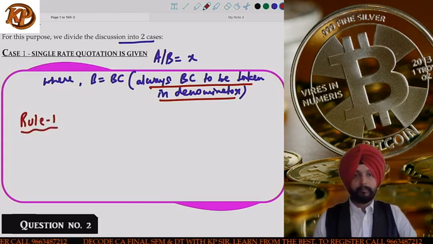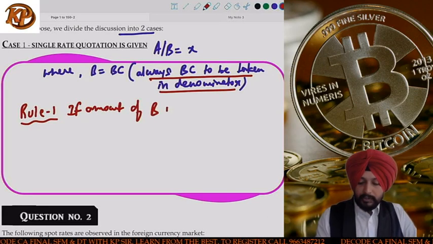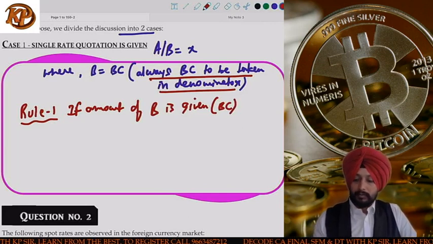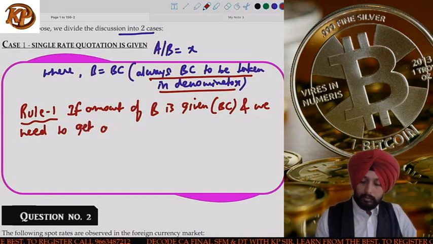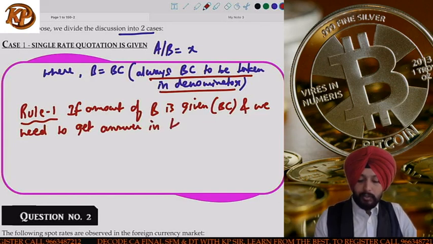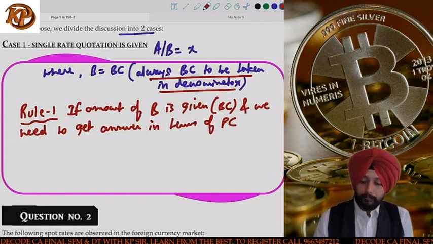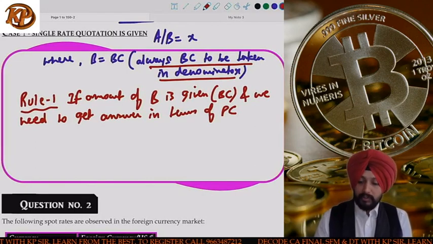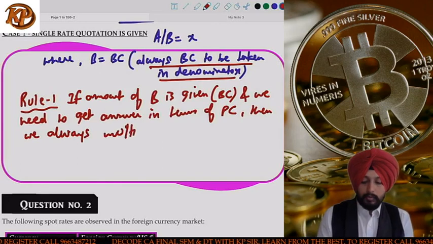Rule number 1. If amount of B, bracket base currency, is given, and we need to get answer in terms of price currency, amount of base currency is given and you want to convert it into price currency, then we always multiply.